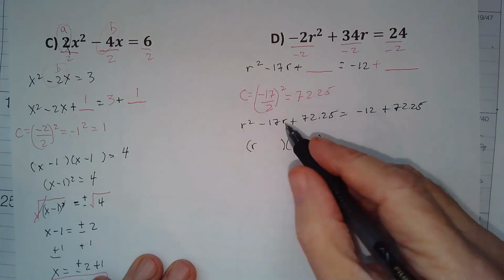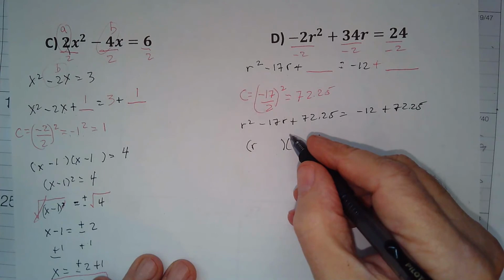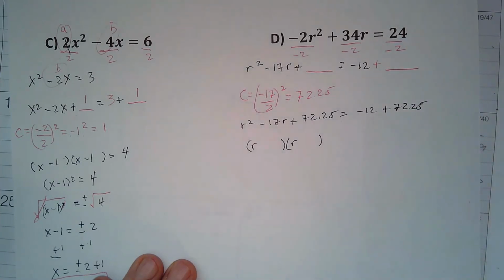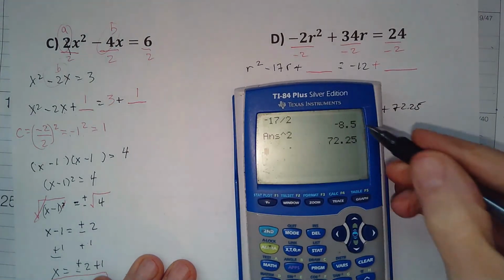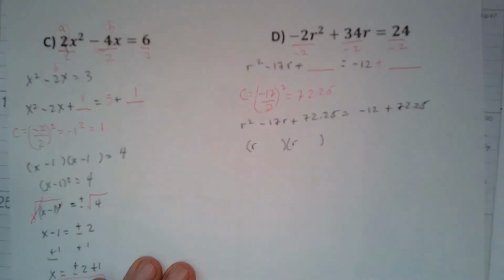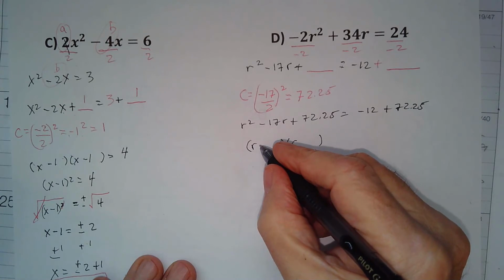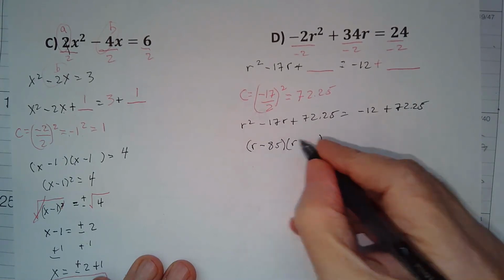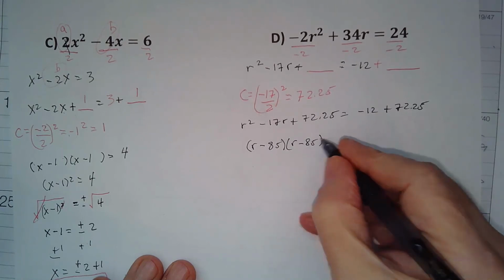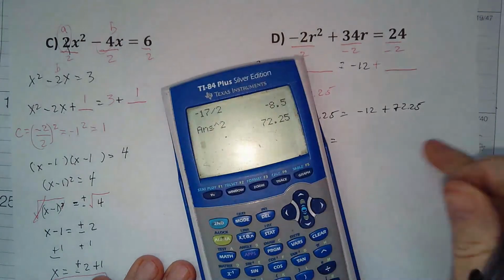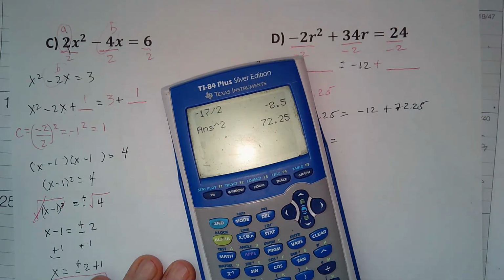It's got to be the b over 2. So we could use negative 17 over 2, but I think we're going to use the negative 8.5, which is right over here, because that's what negative 17 divided by 2 is. So in decimal form, we want r minus 8.5 and r minus 8.5. And then let's see, negative 12 plus 72.25. So that's this previous answer, minus 12. So minus 12. We get 60.25.